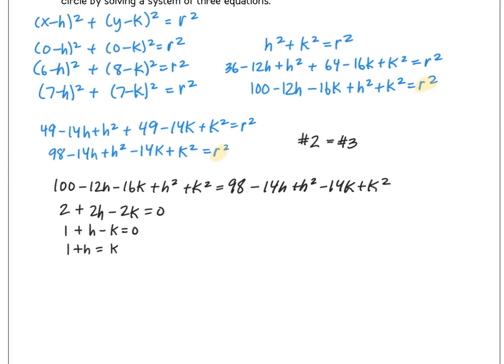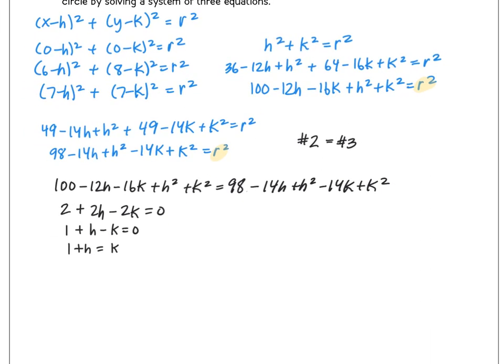All right, so what can we do next? Let's see, I'm going to change colors. Okay, I'm going to take the other two equations. I'm going to do equation number 2 and set that equal to equation number 1. So that's going to give me 100 minus 12h plus h squared minus 16k plus k squared equal to h squared plus k squared.